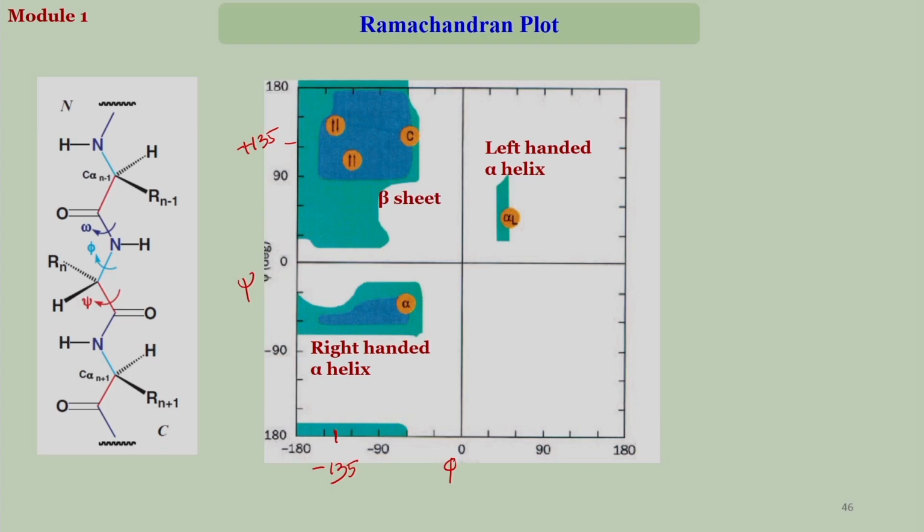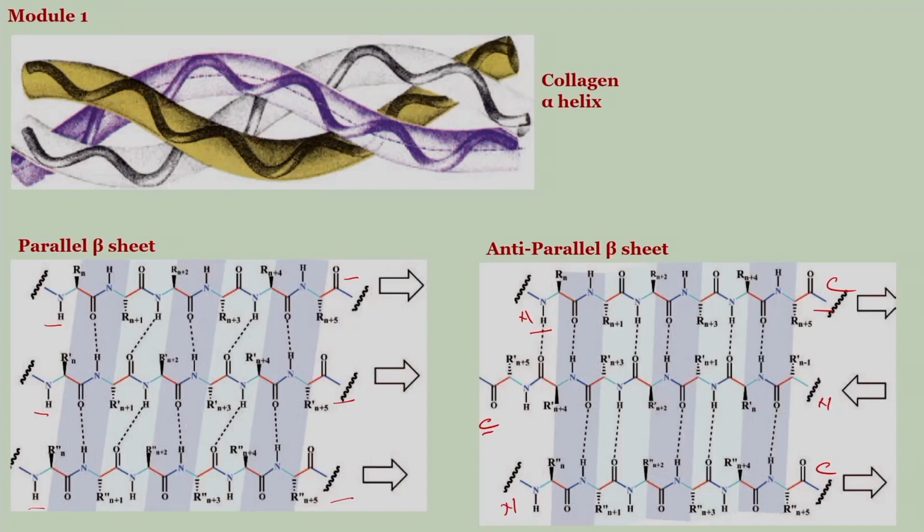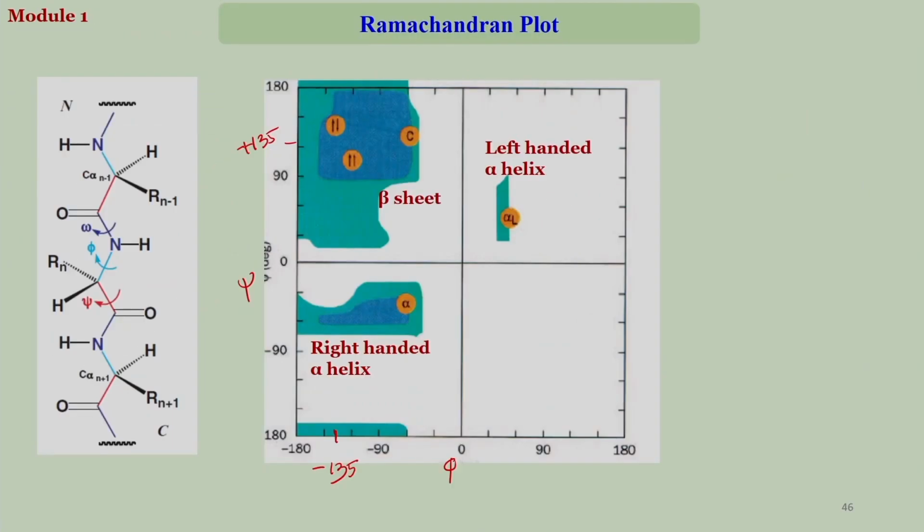If you rotate the phi angle to minus 135 and psi to plus 135, you can see a kind of zigzag geometry, and zigzag geometry is good for the beta sheet structures you see here. Zigzag geometry has a beta sheet structure in these orientations. This is parallel beta sheet, this region is anti-parallel beta sheet.